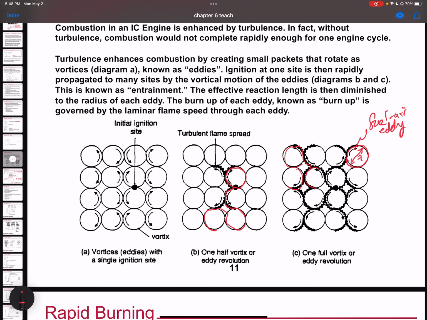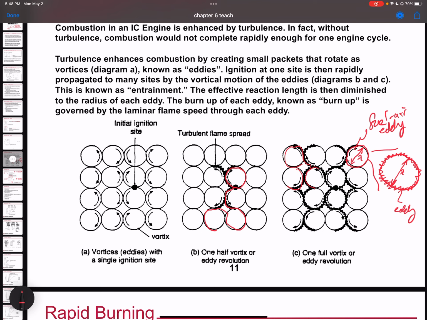Let me expand this out a bit so that we can more easily see what's going on. Suppose this is my eddy, and it's covered in flame, thanks to turbulence. My turbulent entrainment basically engulfed this little fuel-air eddy in flame, and it has a diameter lambda.